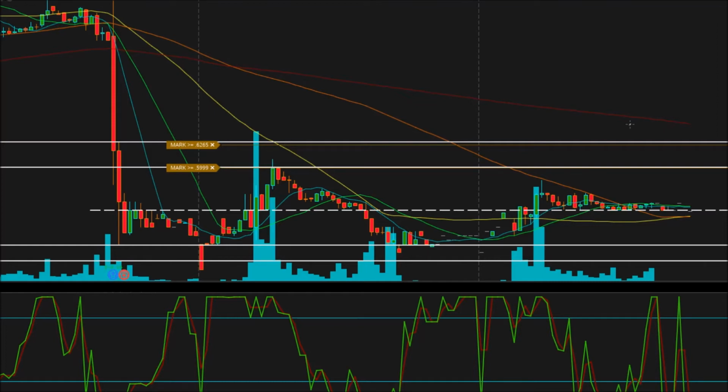That top one, we have 63 cents. Moving on down, we have 60 cents. And then we have that soft support there at 55 cents flat. And then at the very bottom, we have two more areas of support.